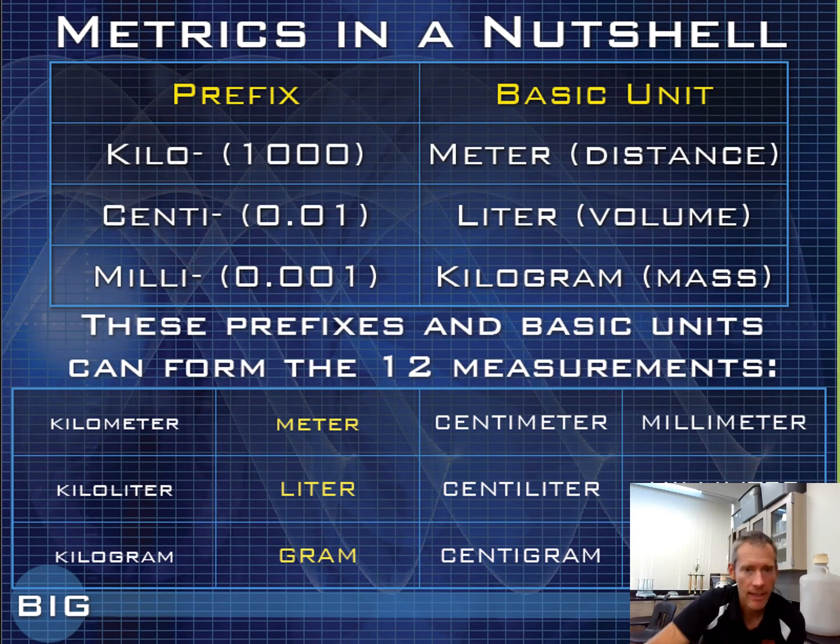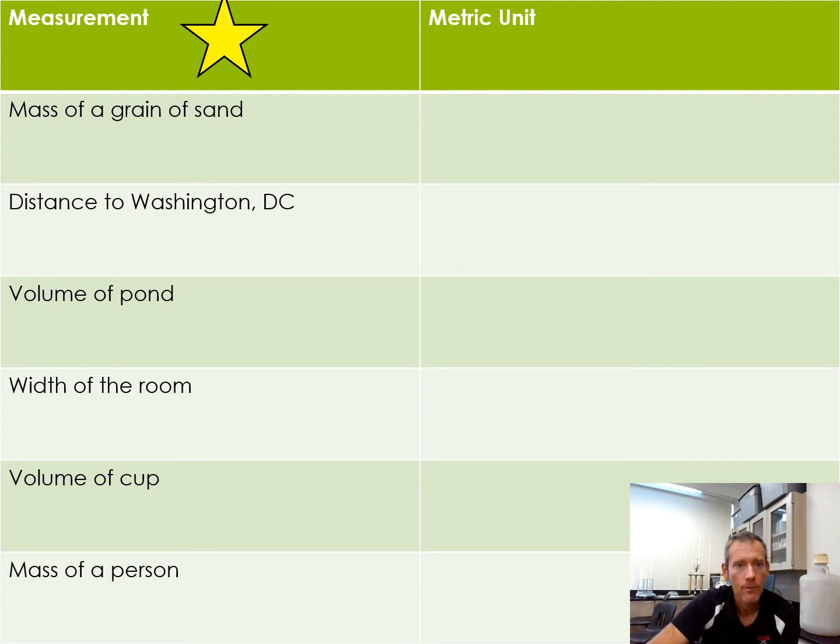Quick review again. Kilo is 1,000 times, centi is 0.01, and milli is 0.001 of that. The basic units: meters for distance, liters for volume, and kilograms for mass. All right, the mass of a grain of sand, what would you think it would be? Milligram. Very good.